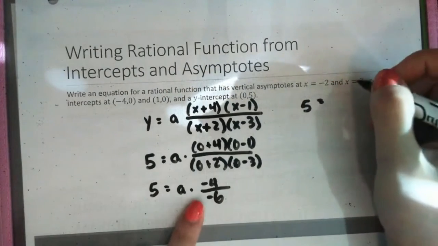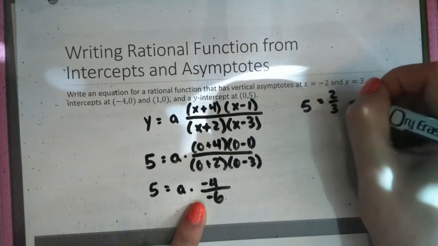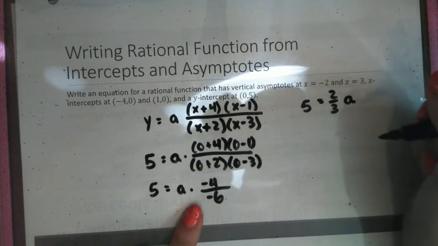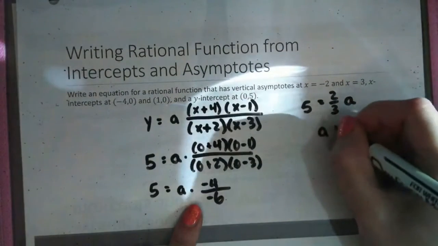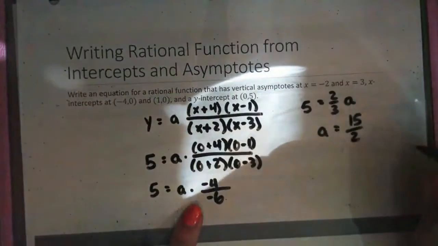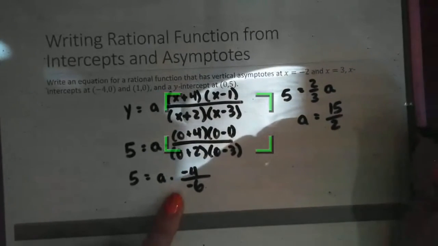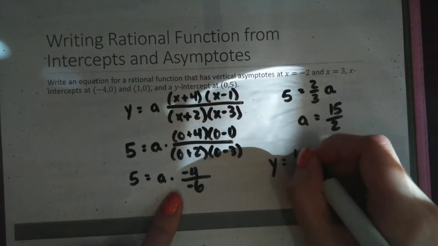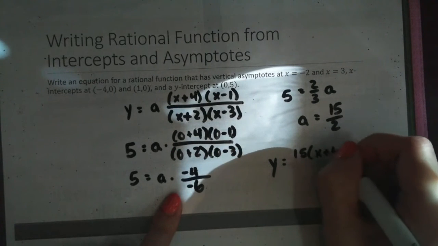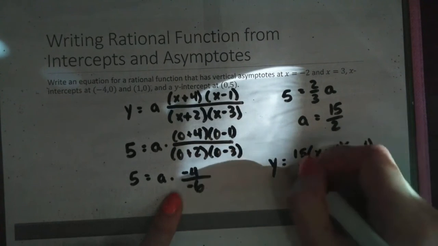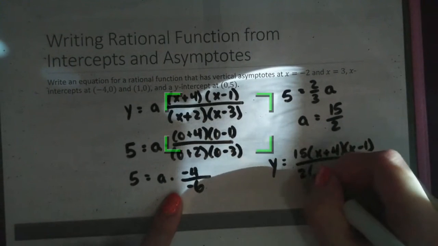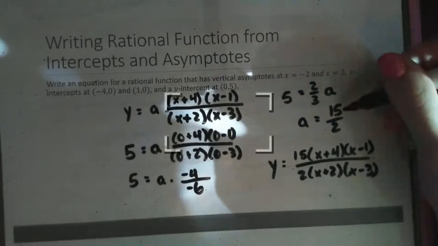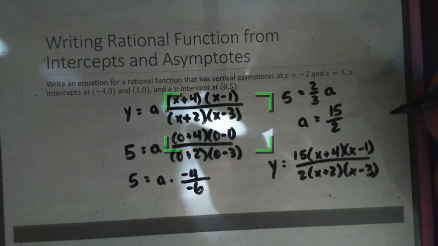That means 5 is equal to, that simplifies to 2/3 a. If I divide both sides by 2/3 or multiply both sides by 3/2, I get a is equal to 15/2. If I replace my a with 15/2, then we get the function y equals 15 times (x plus 4)(x minus 1) over 2 (x plus 2)(x minus 3). So you'll notice I put the 15 in the numerator and the 2 in the denominator.